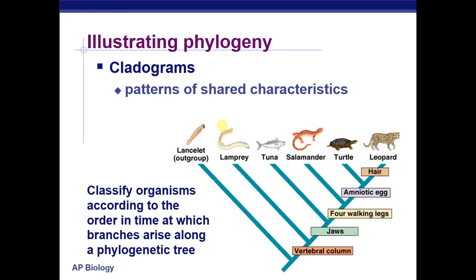So if I look at it, this lamprey we call the outgroup. It doesn't have any of these characteristics that are depicted on this tree, while leopards have all of them. A tuna has a vertebral column and jaws, but doesn't have walking legs, amniotic eggs, or hair.